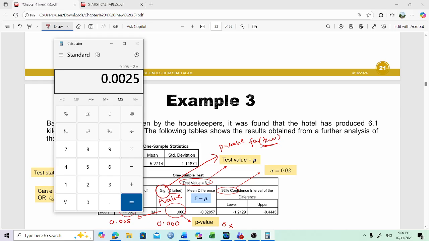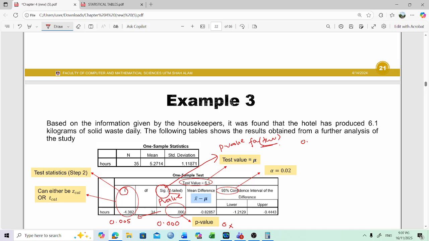So this is your p-value for one tail, 0.0025. In the table, the p-value is for two tail. If you want it for one tail, you need to divide the value by 2, which gives 0.0025. This one I only do as an example, 0.005.